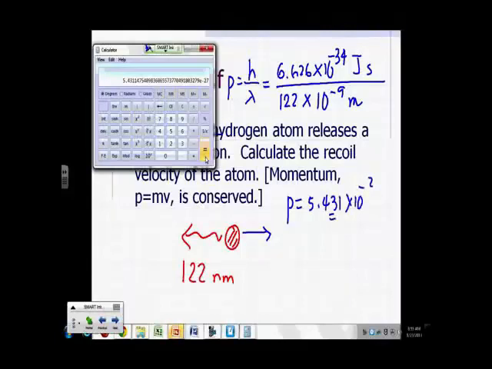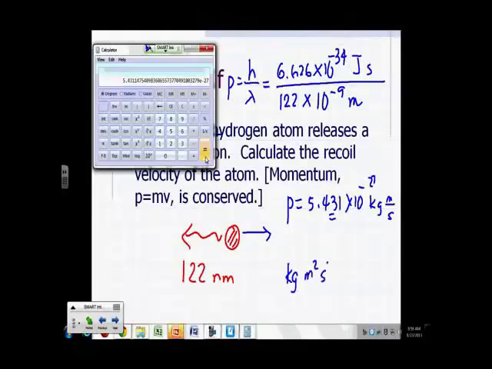Three sig figs here, so 3 is the last digit there. And what's the unit for momentum? Unit of mass, which is kilogram, times unit of speed, which is meter per second, right? Is that what you get from joule seconds over meters? What's a joule?